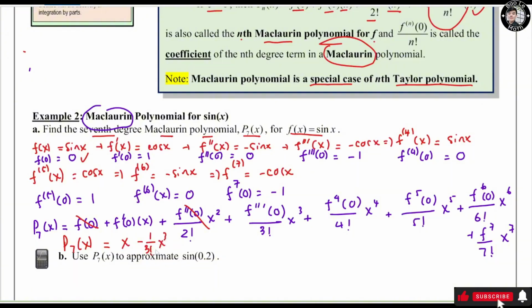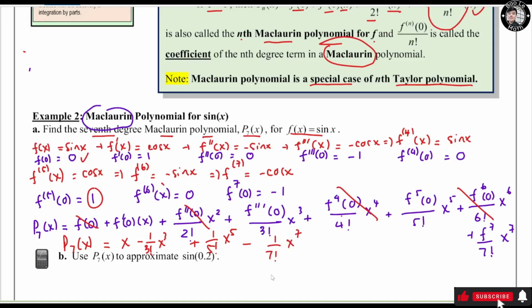This one right here equals 0, so it's gone. The fifth derivative is going to be 1 right here, so you have plus 1 over 5 factorial s to the fifth. The sixth derivative equals 0 right here, gone. The seventh derivative is going to be negative 1, so minus 1 over 7 factorial s to the 7.